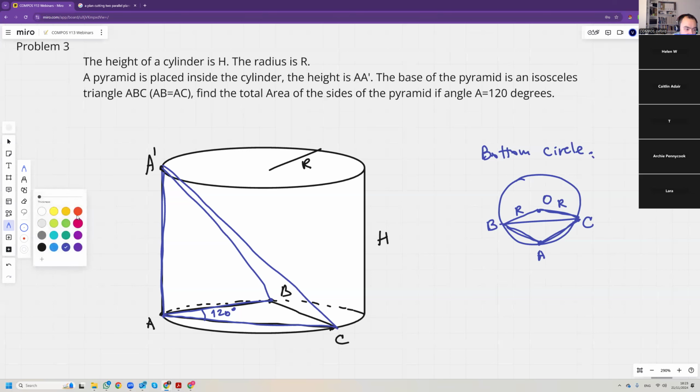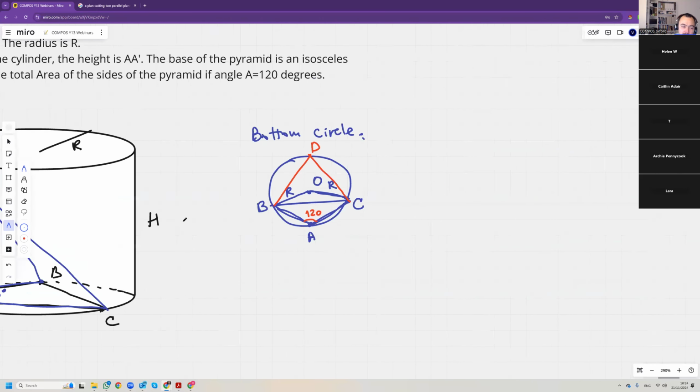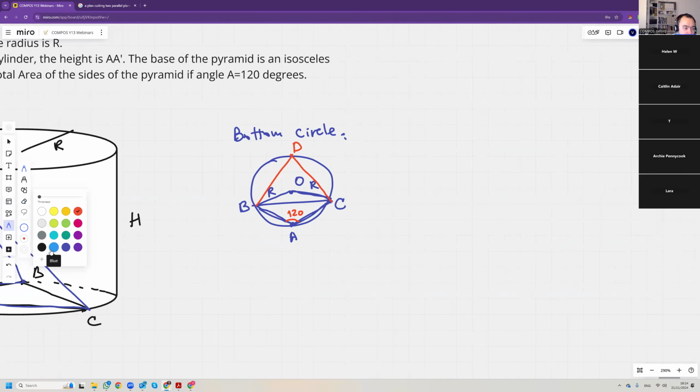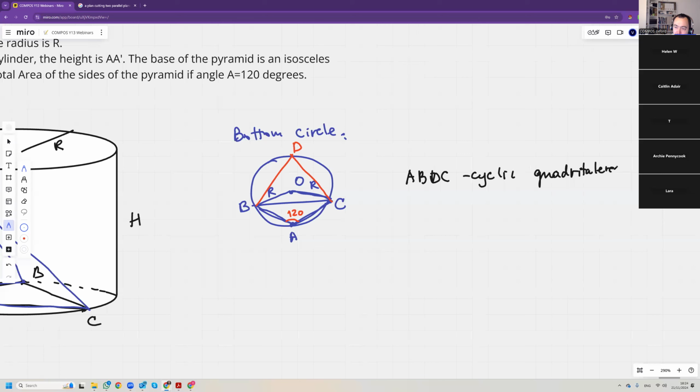Now, if I draw an additional angle, so this is 120. If I were to draw a line like this, it would be a cyclic quadrilateral. So A, B, D, C is a cyclic quadrilateral. And that means angle D is 60 degrees.